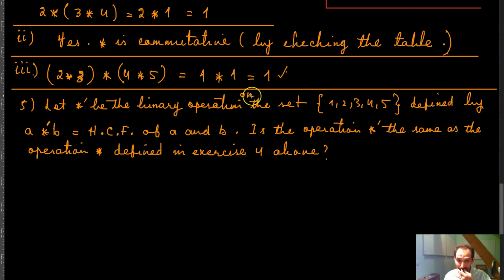So I think the only way to do it is to draw a table for this operation and see if the outputs are the same. If the outputs are the same, then you can conclude that the operations are the same, otherwise not. But before I do that, let me take a look at the solution to see if my logic is right. Otherwise, we would be spending unnecessary time on something which is logically not right.